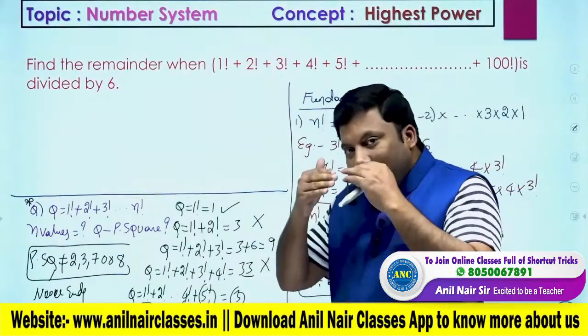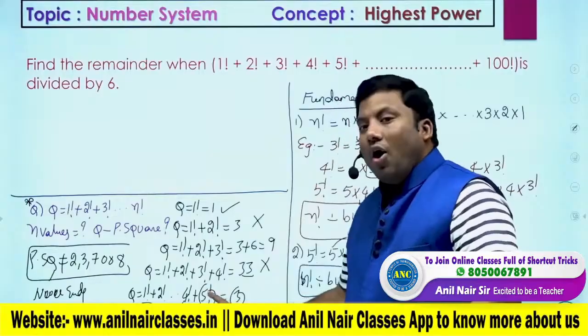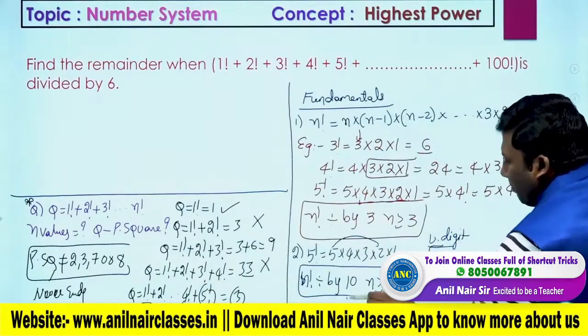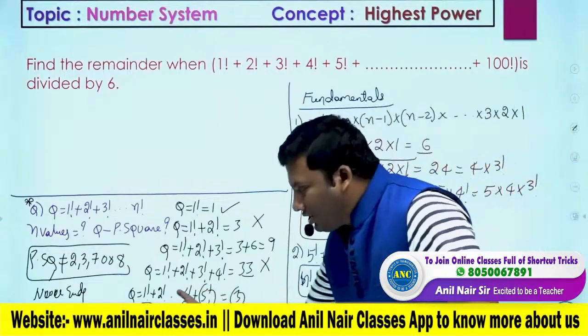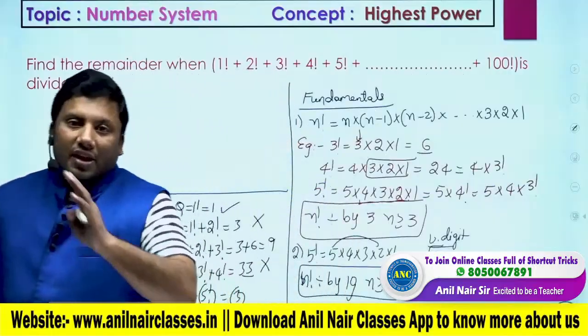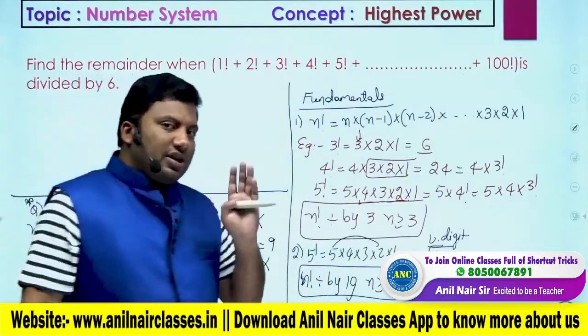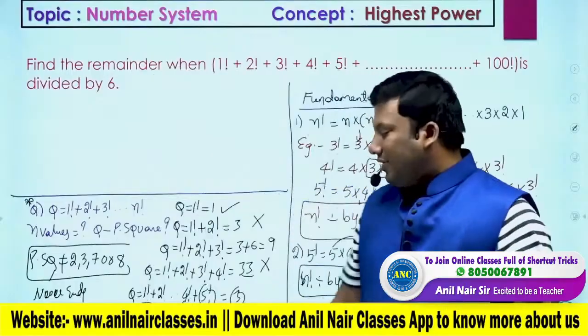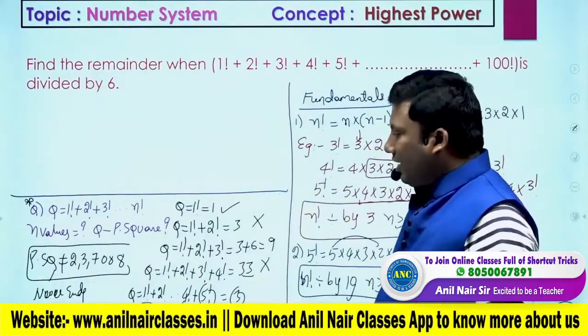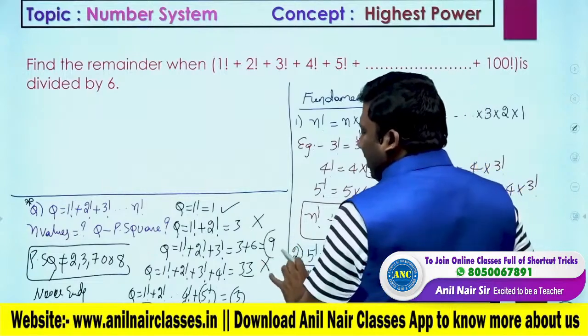That means from 5 factorial onwards, 6 factorial, 7 factorial, 8 factorial, all the numbers' unit digit will be 0. 0 plus 3 is 3. A perfect square's unit digit will never be 2, 3, 7 or 8. How many values is it taking?